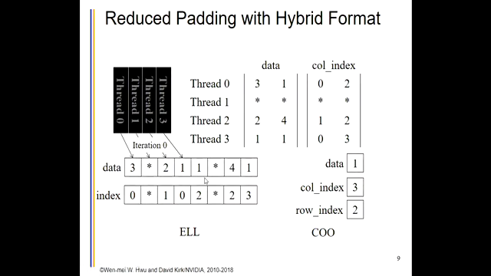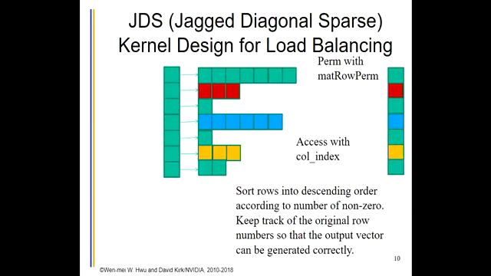So now we only need to pad to 2 elements, so we can reduce the amount of padding overhead. Now everyone only has to iterate 2 times in their for loop, and the COO kernel will take care of the rest. So this brings us to the JDS format, jagged diagonal sparse format.